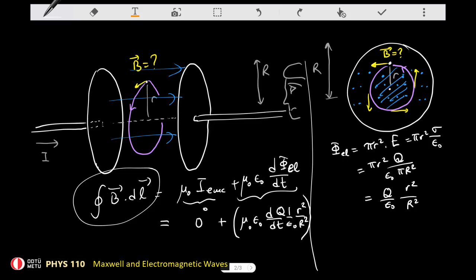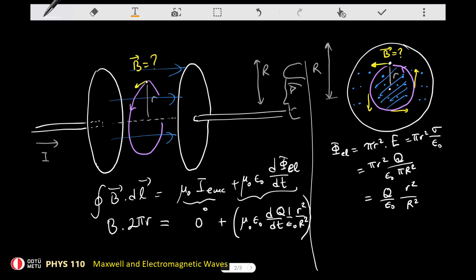So you replace this B dot dl with magnitude B times magnitude dl, and then you say that the magnitude of B is constant, so you take it out of the integral and so on. At the end, we get as the answer mu times B times 2 pi r.